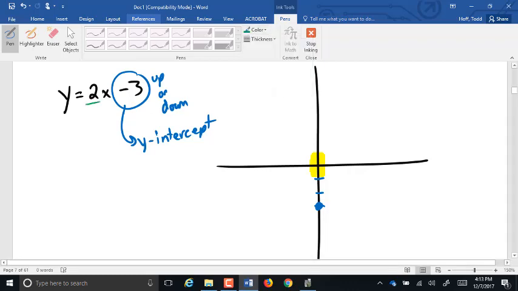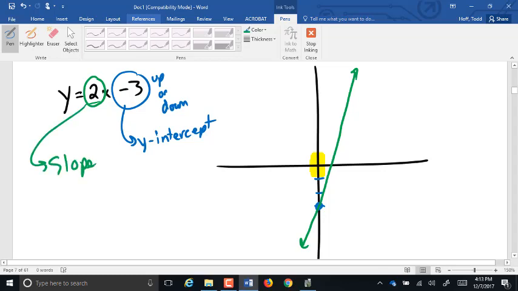The 2 tells us that we're going steeper than normal. Remember, the regular line just went 45-degree angle. The 2 says it's going steeper. That number that multiplies the x is called the slope.